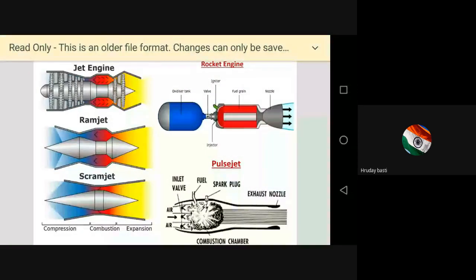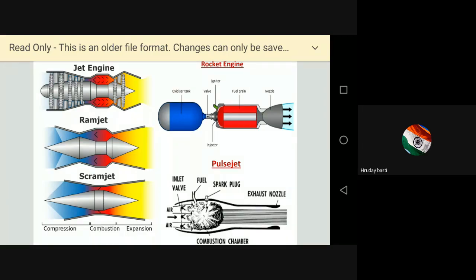Below you can see the pulse jet engine. This is a special type of gas engine where there is no turbine, and here you can see a number of valves connected, which are closing and opening at a given time, like our Otto cycle engine, where the fuel is inletted and closed with a valve in an internal combustion engine.